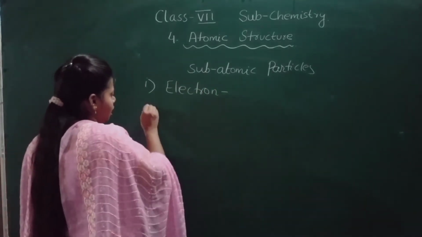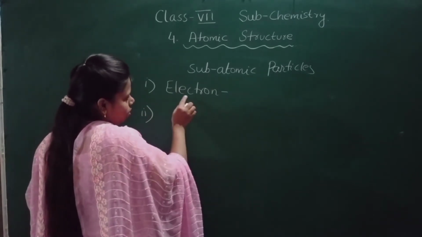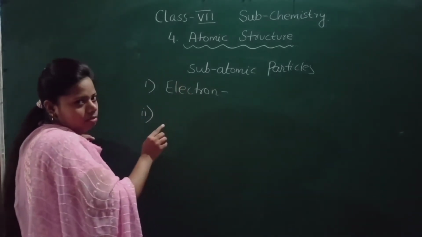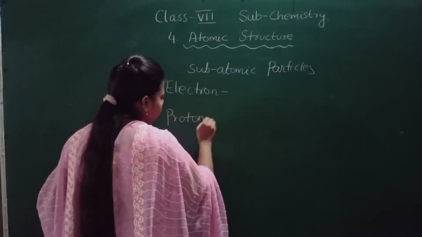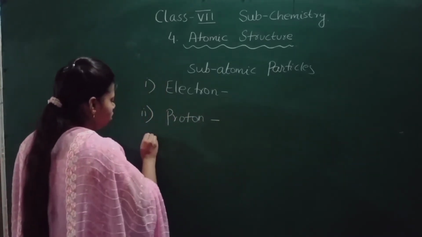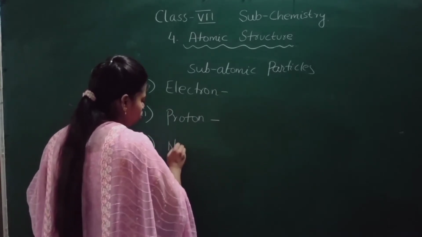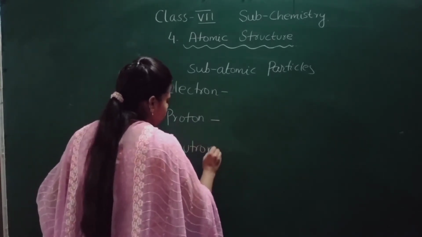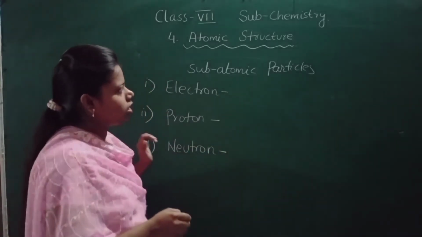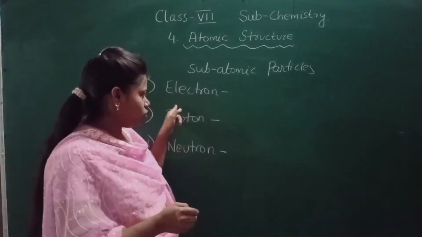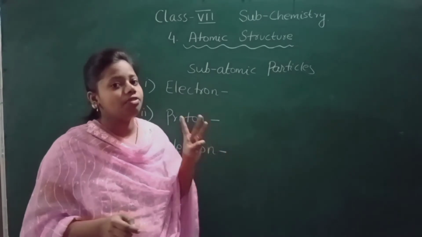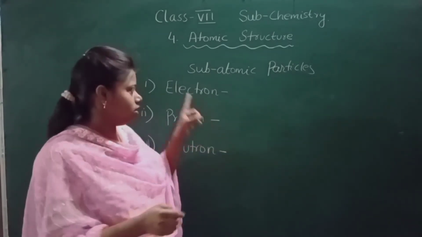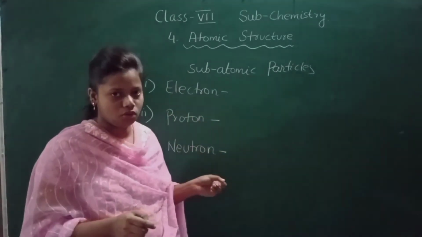Number 1 subatomic particle of an atom is electron. Number 2, proton. Number 3 is neutron. So the 3 subatomic particles are electron, proton, neutron.